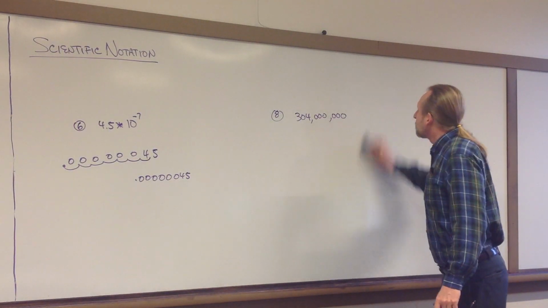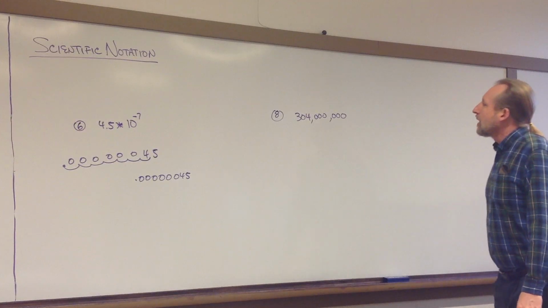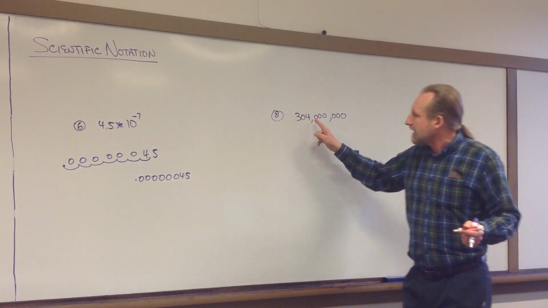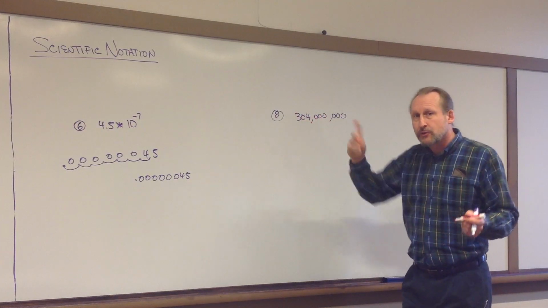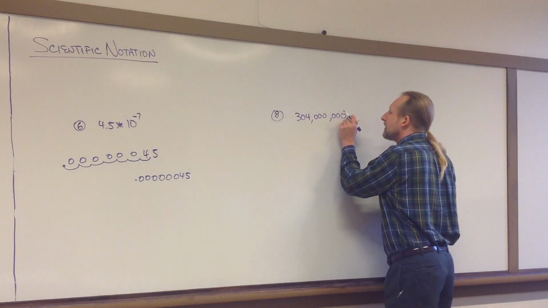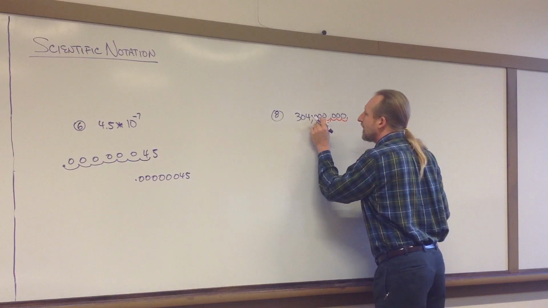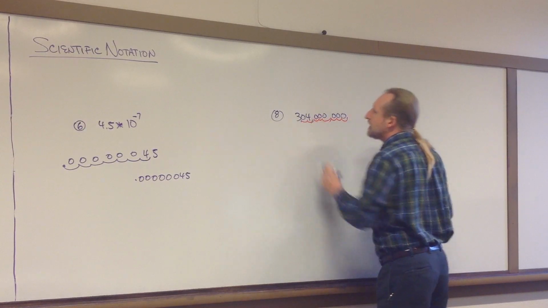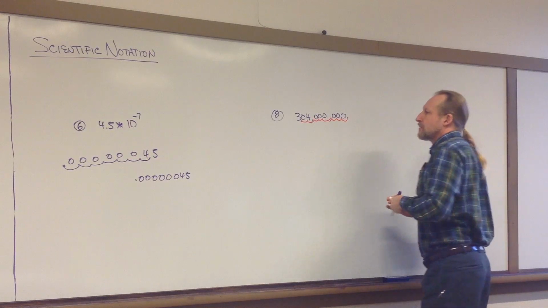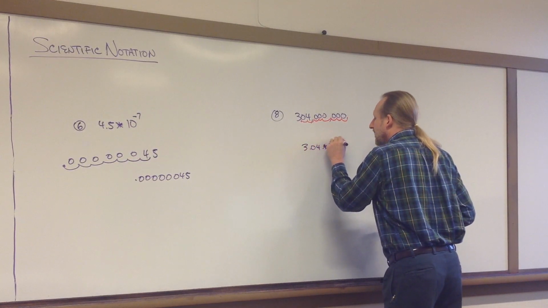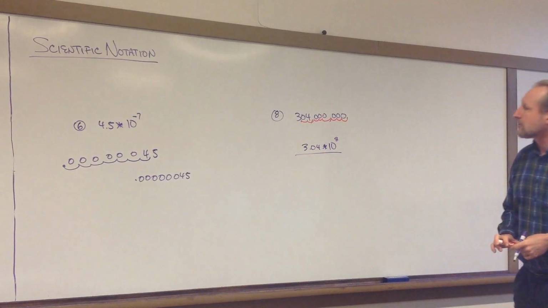But anyway, 304 million. So the idea is we want to count how many places it would take to turn this number into something between 1 and 10, right? So here's the decimal point. 1, 2, 3, 4, 5, 6, 7, 8 places. And so this would be 3.04 times 10 to the 8th power. Okay?